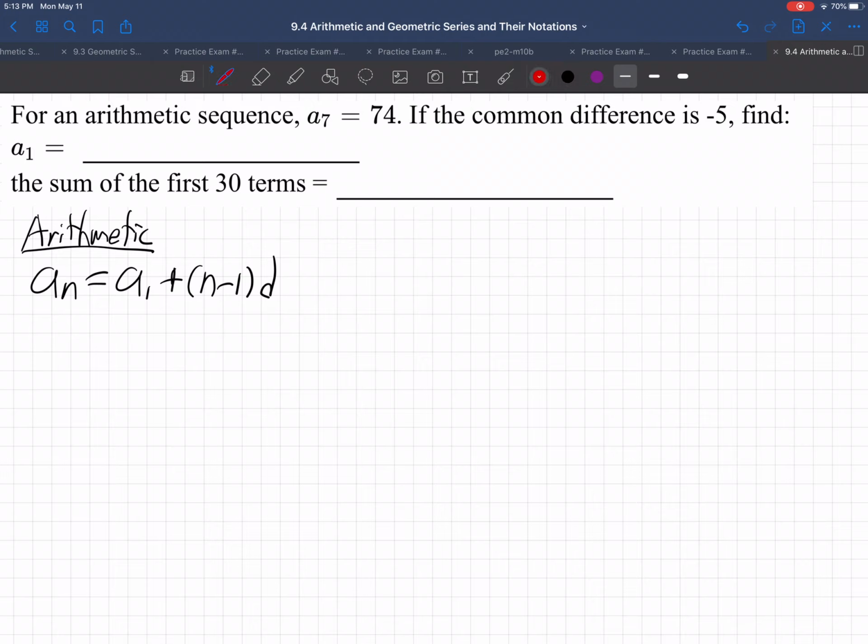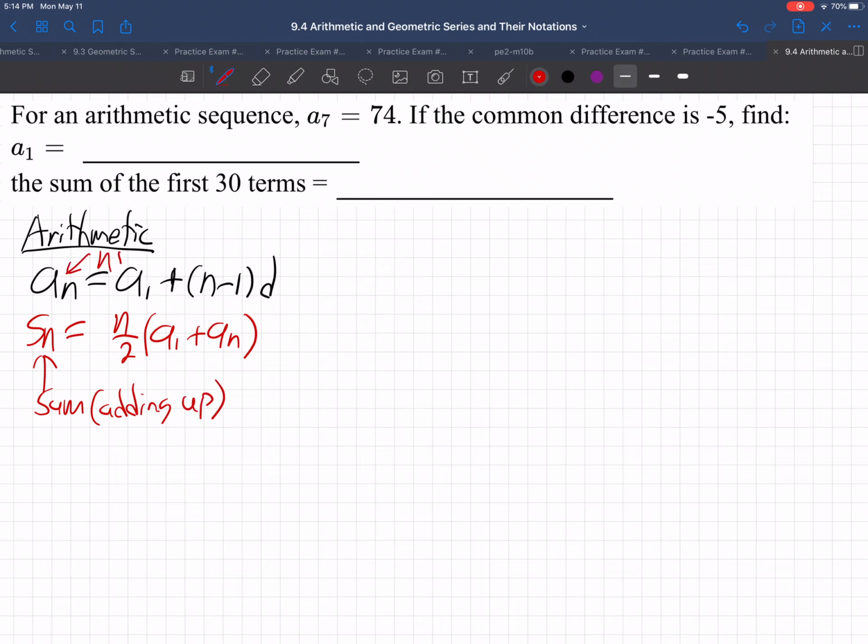That is for finding the term, and then you have s sub n is n over 2 times a1 plus an. So this is for the sum of the adding up, and this is just for the nth term, not added.